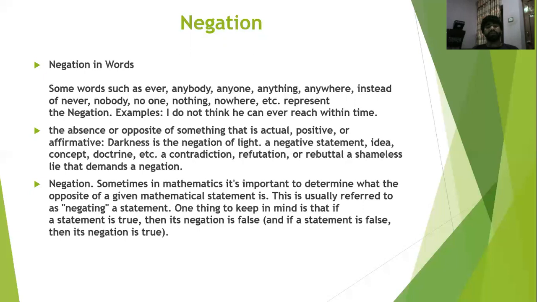So here is an example: I don't think he can ever reach within time. It means we imagine and we predicate, like a predicate, if it will. It means here we have a condition in negation. We apply it on things, people, places, if maybe or may not. So here is the concept of negation. We are connecting something and we are refusing some things, because it depends on negation.